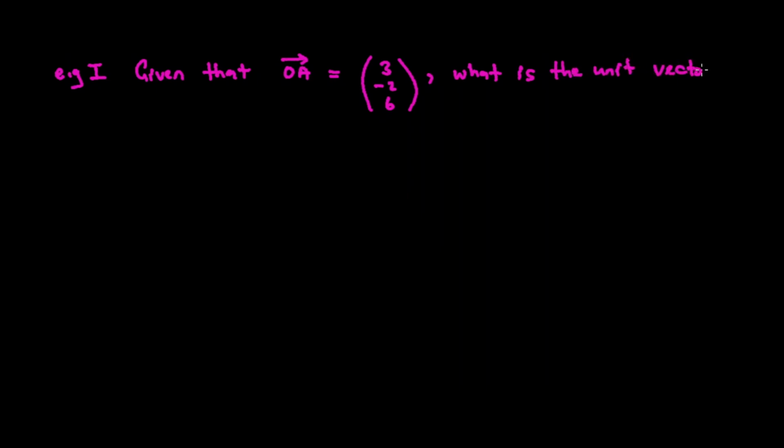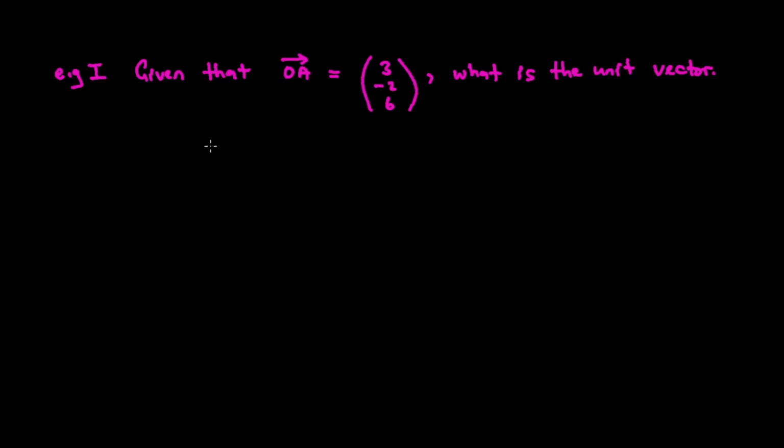The question is, given that the position vector of A, OA, is equal to (3, -2, 6), what is the unit vector? In other terms, we want to convert that vector into a unit vector.